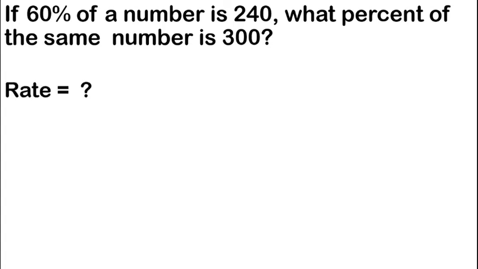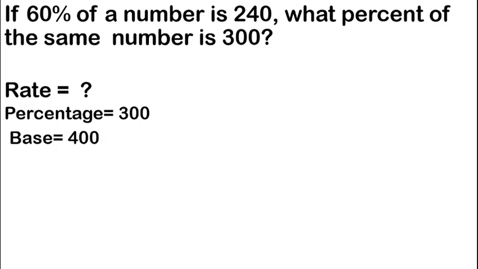Here, the rate is missing because it is what percent. So the same number would be your base, which is 400, and the 300 would be your percentage. So we need to find our rate. The formula that we deduced was rate equals percentage divided by the base.